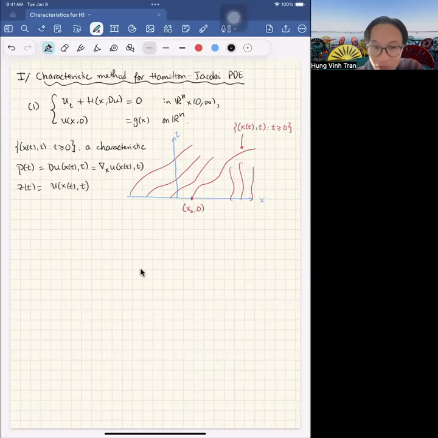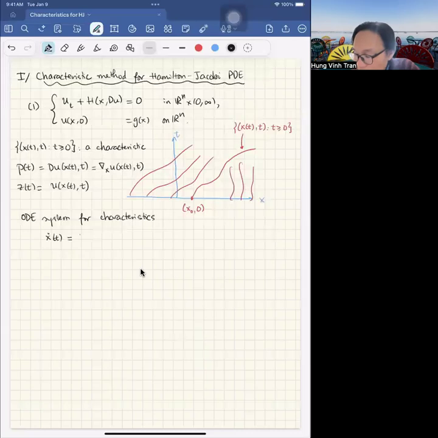So let me just recall the ODE system for the characteristics. We chose x dot of t equals D_p H of x(t), p(t). We chose it this way so that things cancel out, so that we have a nice closed form system.